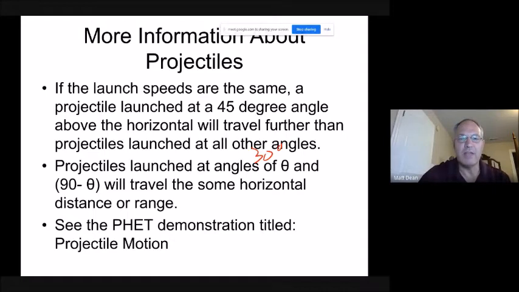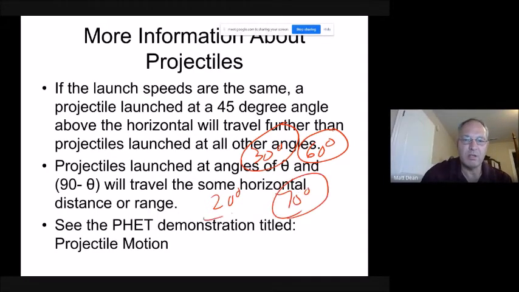Well, it turns out that a projectile launched at 30 will go the same range as one launched at 90 minus 30, or 60. So these two angles will give us the same range. If we launch one at 20 degrees, it turns out that would go the same range as one launched at 70 degrees because 90 minus 20 is 70. So those complementary pairs will give you the same range or horizontal displacement.